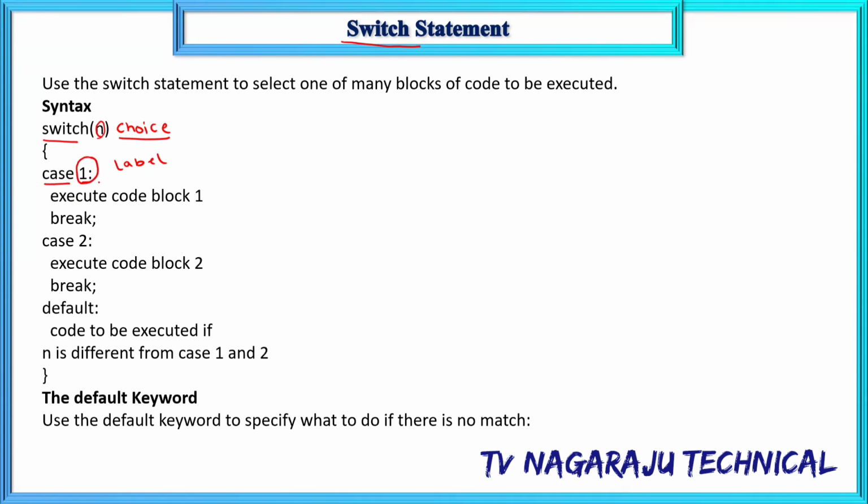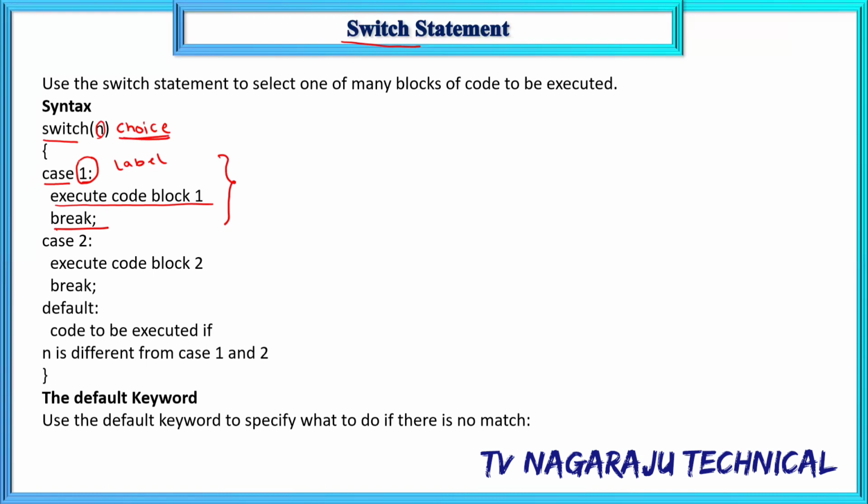If the choice and label are equal, whatever we wrote under case one is executed. Break: what is the purpose of break? To come out of the switch. That means if one case is executed, the remaining cases need not be checked, it simply comes out of the switch. For that we are using break.